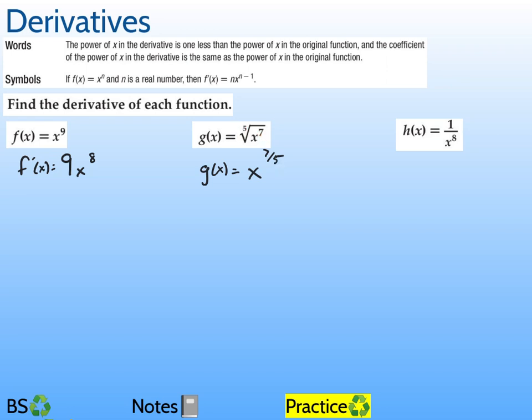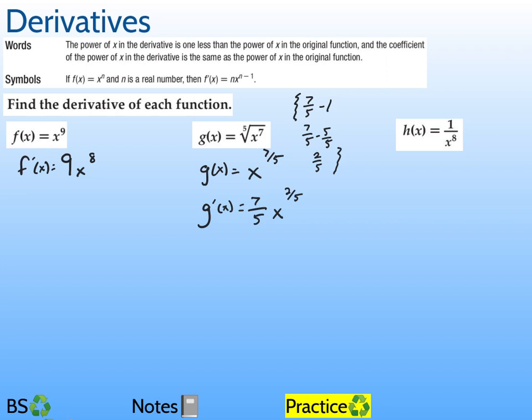The root always goes in the denominator of the exponent. So now, to take the derivative, we follow the same thing. Bring out 7 over 5, x to the, and just a little sidebar over here, 7 over 5 minus 1 is like 7 over 5 minus 5 over 5, which is just 2 over 5. So there's a quick sidebar. So it's 7/5 times x to the 2/5.